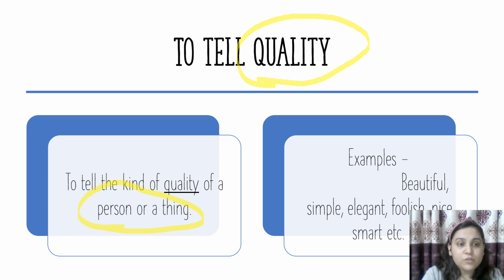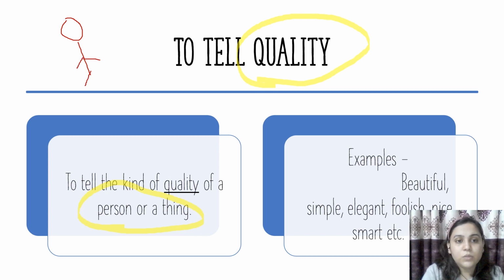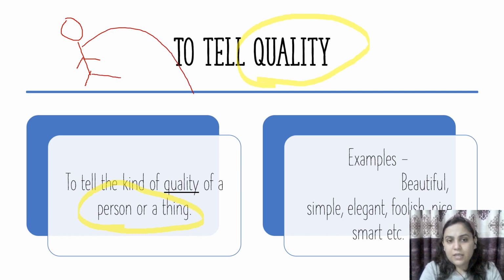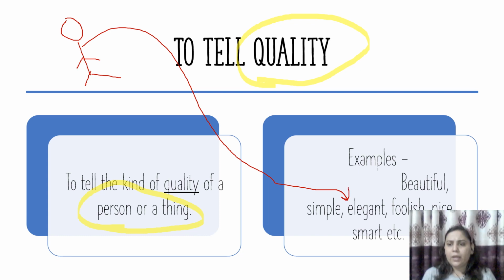Sorry. So if I talk about this, for example, this is a boy. I am drawing a boy. My apologies for my drawing. So this is a boy, and I say that he is an elegant boy. That means, what is the quality of this person?